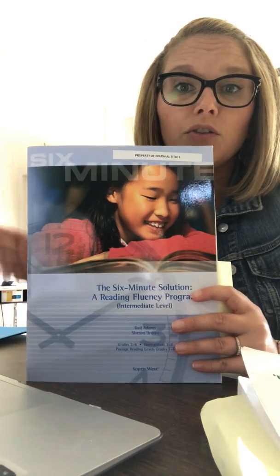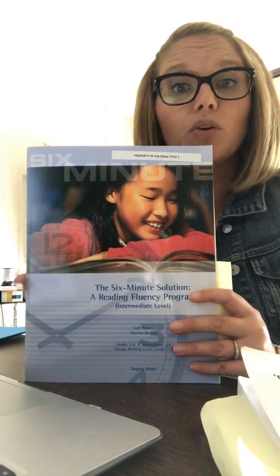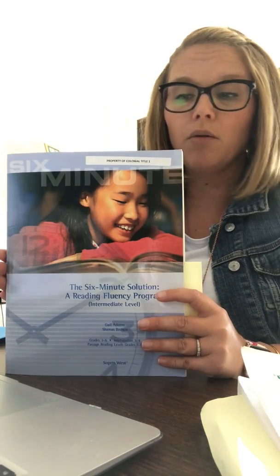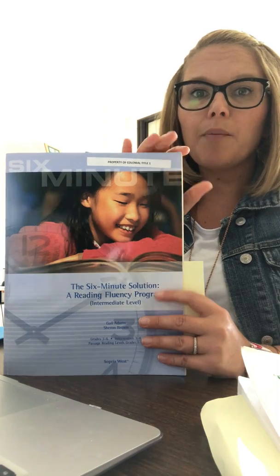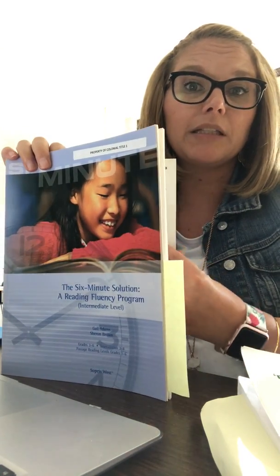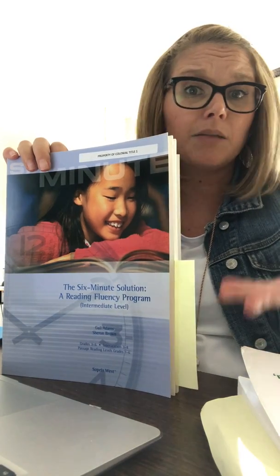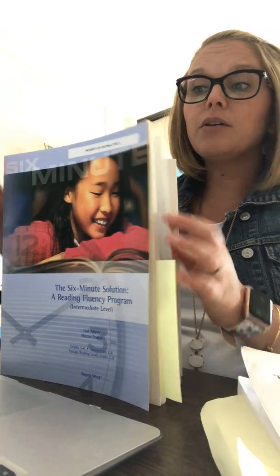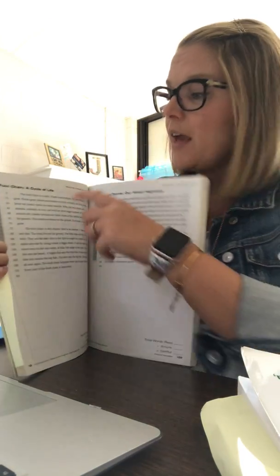With 6-Minute Solutions, this is the book that you're going to use. If you don't have it, I have some extra copies, so just let me know. The way the book is set up, at the beginning it gives you a little bit of information. It goes through some of the assessments, but we've already done an assessment, which is their oral reading fluency. Then it goes into the practice passages, and they are numbered in the hundreds.